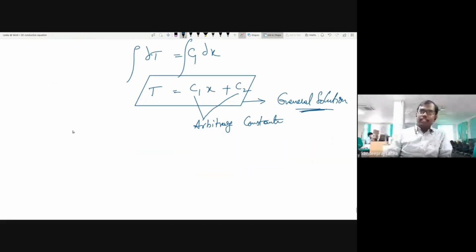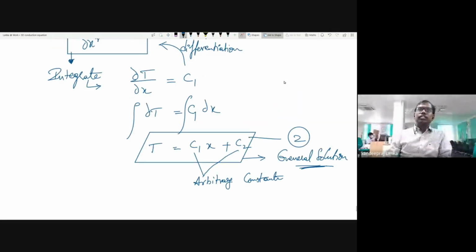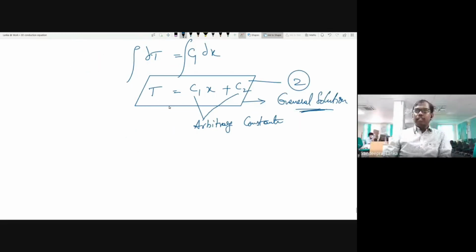Let us see this. This general solution, let me call it equation 2, so that the governing equation is called 1. Now let me take the boundary conditions.